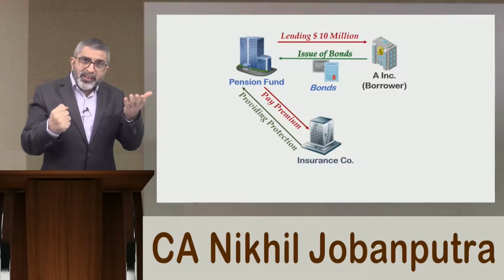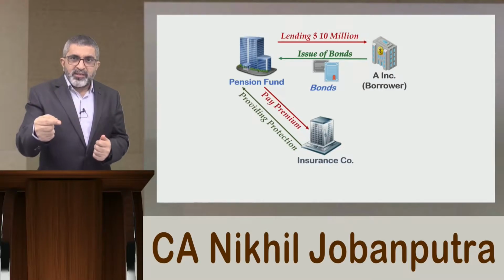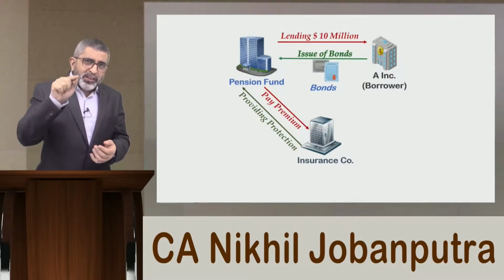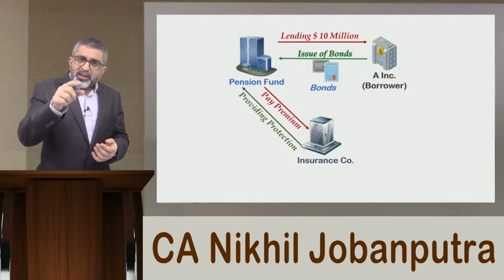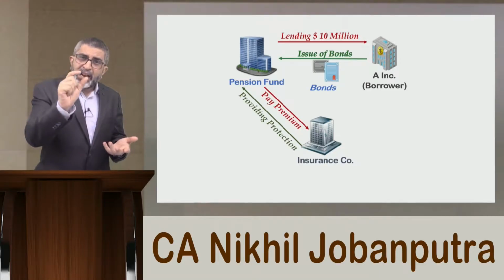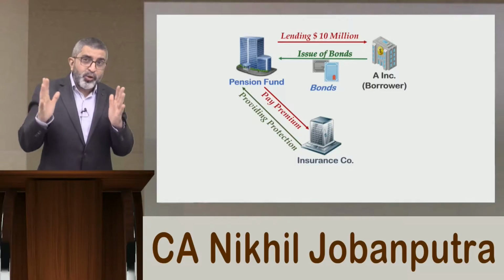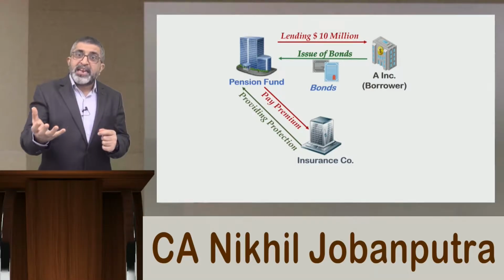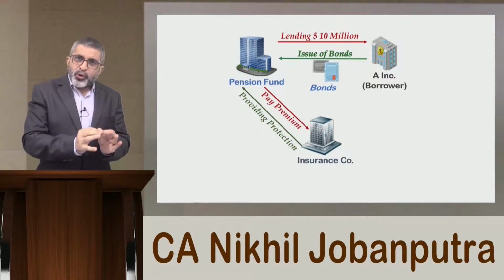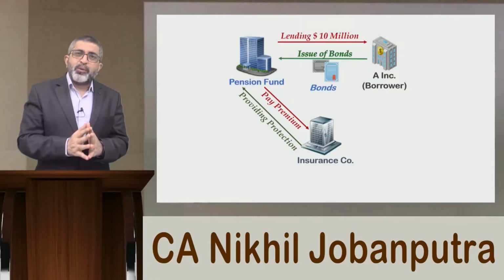If the credit risk is rising, do you think that from the fourth year, after observing the substantial increase in the credit risk, this insurance company is all okay to offer the same level of protection at just 1.5% interest? Absolutely not. It is not going to happen, because the risk has increased substantially. The insurance company would demand, boss, now you pay me 2%, because I am not okay with 1.5%.